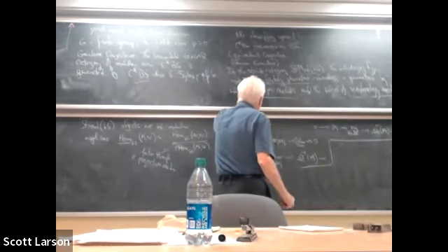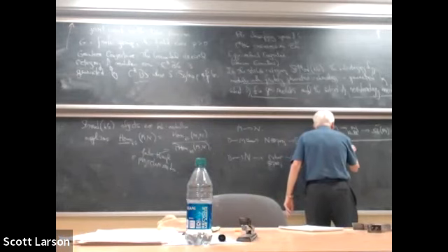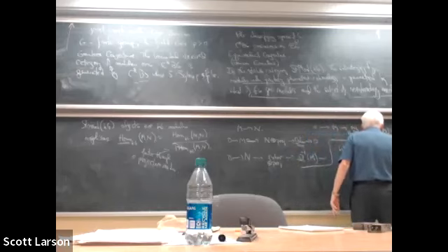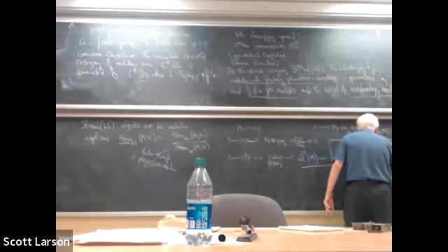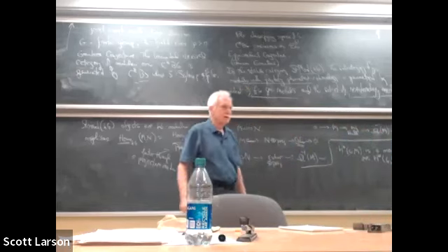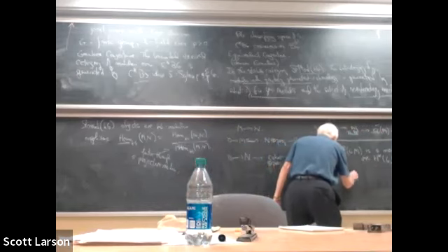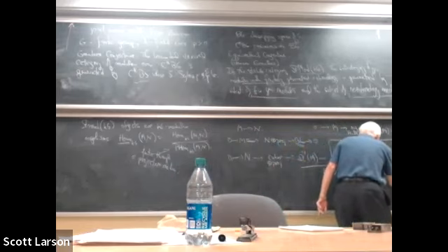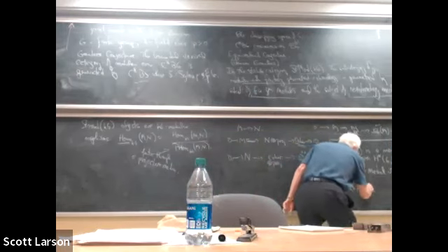What do we mean by finitely generated cohomology? Well, H star of G, M is a module over the cohomology ring. Okay. And so what we want is we want it to be finitely generated. So M is a finitely generated cohomology module if H star of G, M is finitely generated.